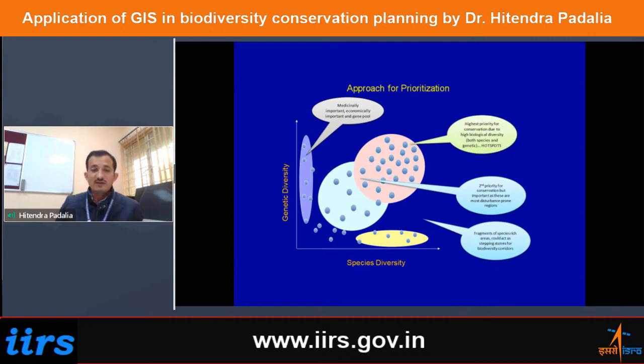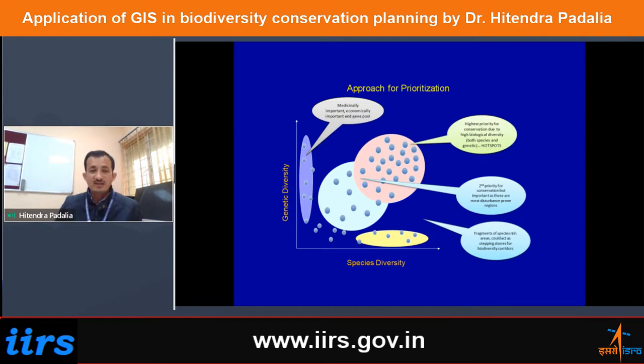So always, as a decision maker sitting in a ministry which deals with the conservation of nature and species in a particular country, you have to prioritize which areas are rich in both genetic and species diversity, which are those areas where only genetic diversity is very high, or which are those areas where genetic diversity and species diversity are facing maximum erosion due to human influence.